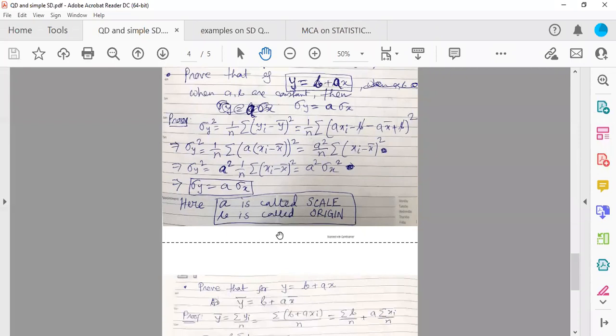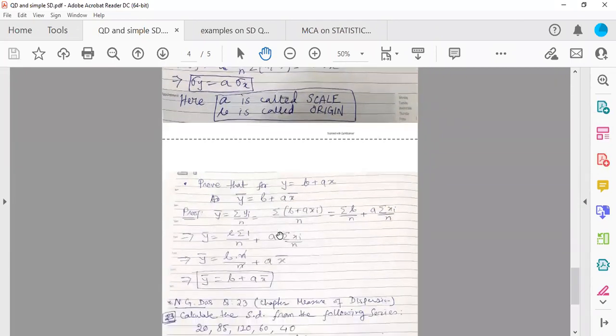But if we try to find the mean, let again y is equal to b plus ax. If we try to find the mean, then you see y bar is equal to b plus a x bar. That means b is needed.